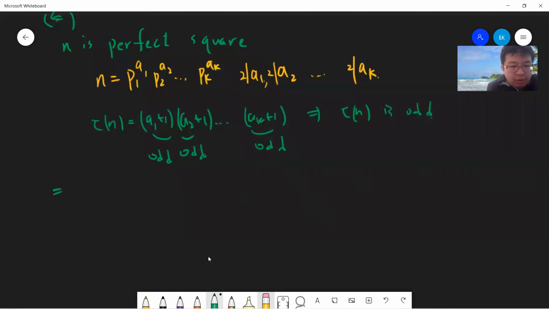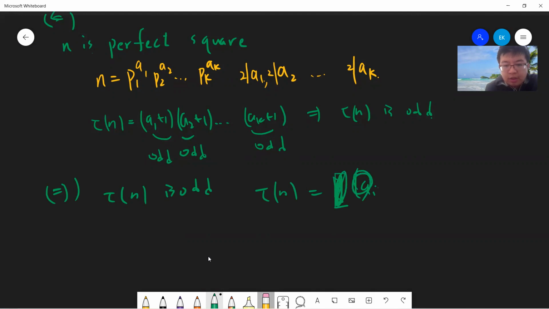Okay, so how about this direction? Let's assume that tau of n is odd. Then we know that tau of n must be the product of (ai plus 1).